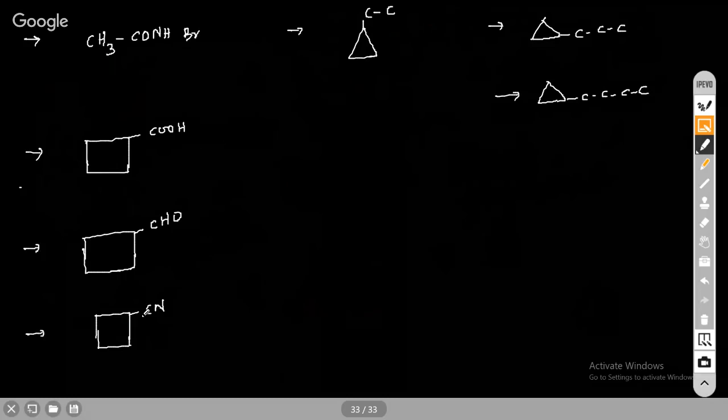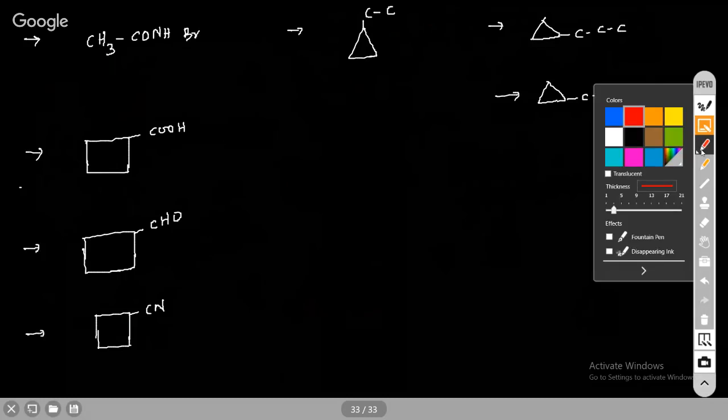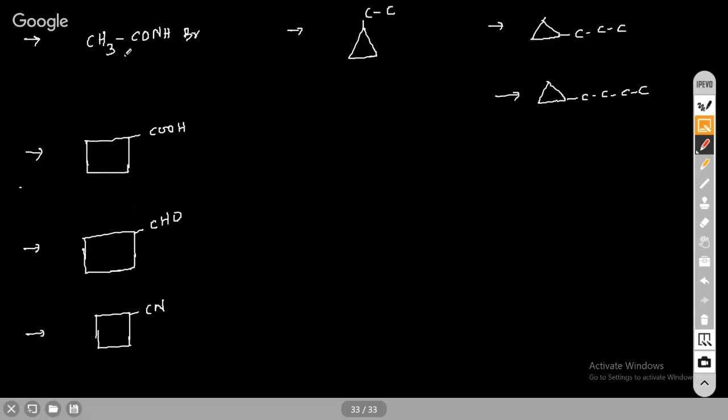Now, what is the name of this first one? What is the functional group we have in this? What is the functional group?